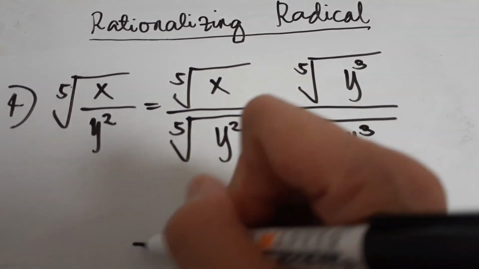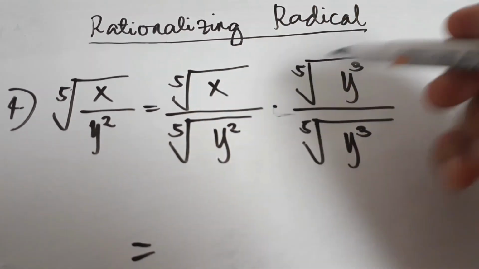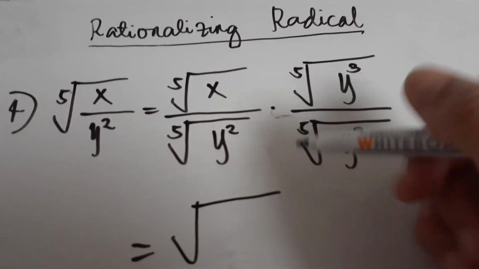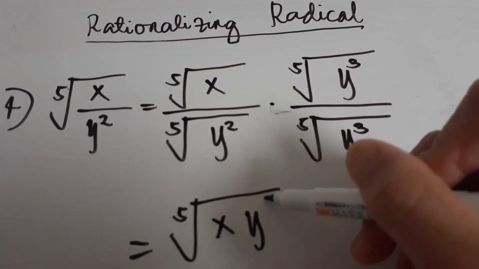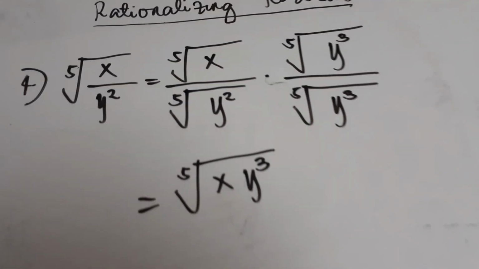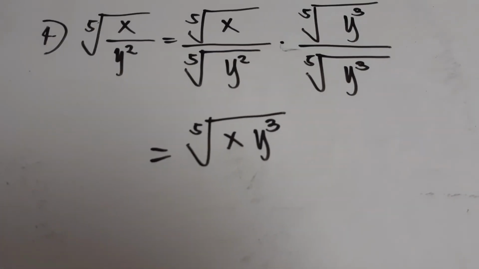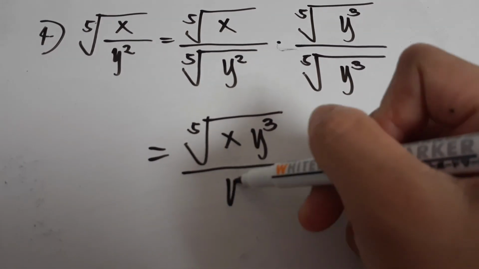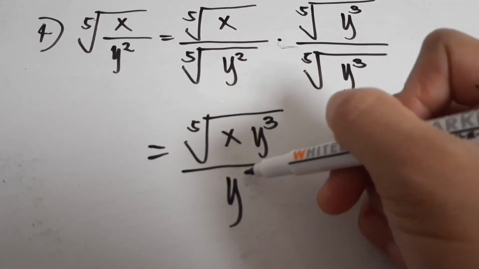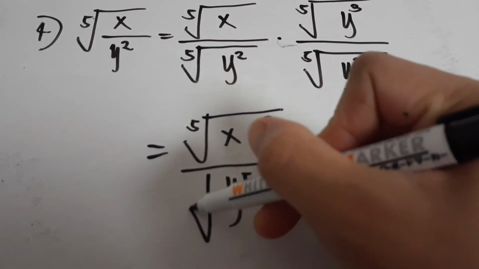Then we multiply fifth root of x times fifth root of y cubed, which is equal to fifth root of x y cubed, over fifth root of y squared times fifth root of y cubed, which is equal to fifth root of y to the 5th.